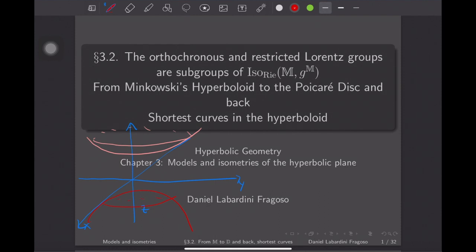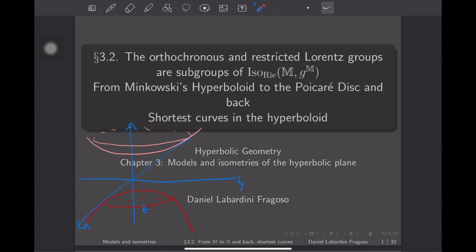And then one can just check that rotation is in the Lorentz group, right? So I would have found a matrix in the Lorentz group that doesn't preserve this upper sheet, right? So somehow the Lorentz group is not quite the group we are looking for.